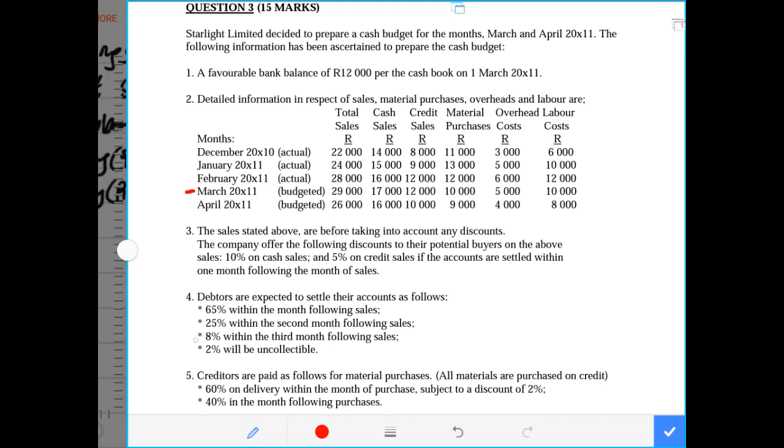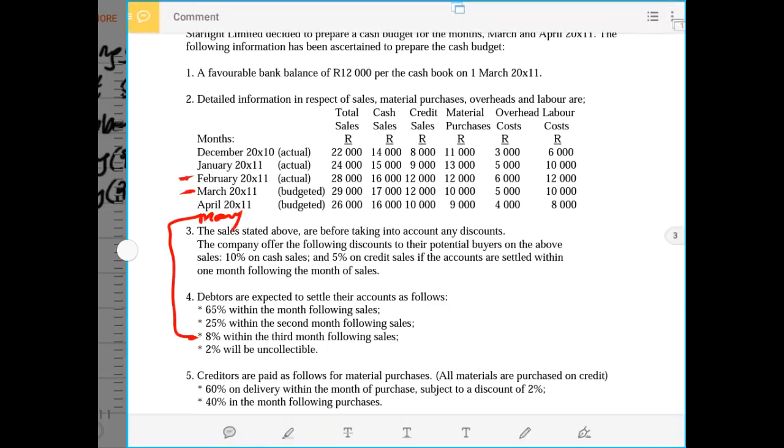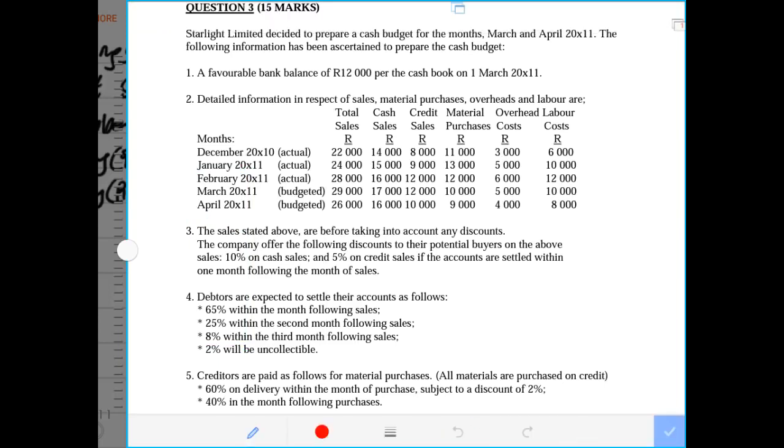Remember the reason why I don't do 8% is because 8% will be in the month of May, and we are not doing budget for May. We're only doing a budget for March and April. Then we come to the next month, which is the month of March.